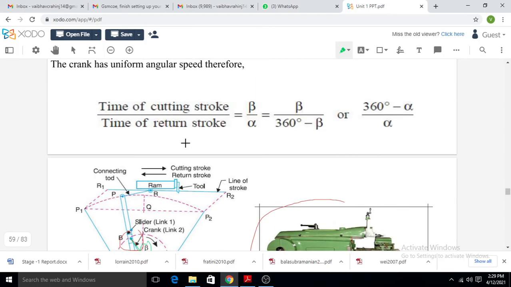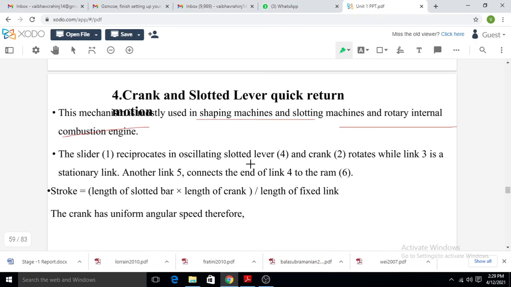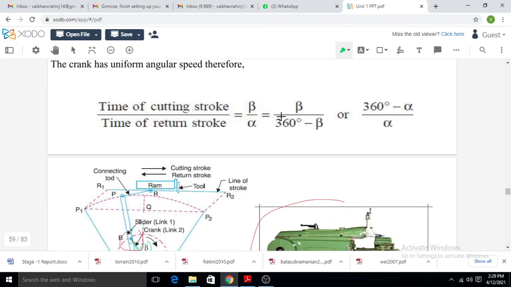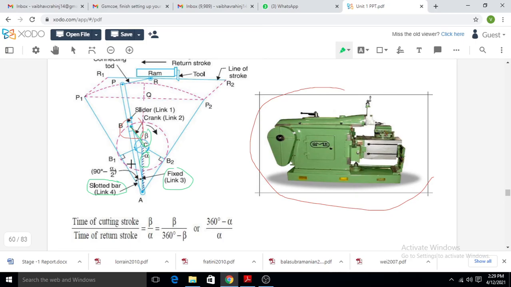So to obtain the ratio of cutting stroke to return stroke, we have the formula beta by alpha, and if we get only beta, then alpha can be obtained as 360 minus beta. Okay, and this mechanism is called the crank and slotted lever quick return mechanism. Here are 4 links: slider, crank, slotted bar and fixed link 3.